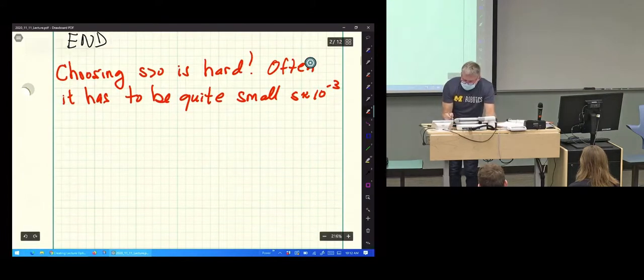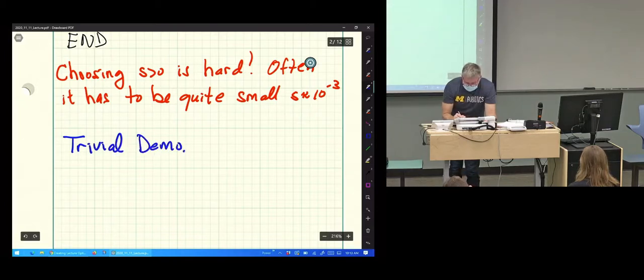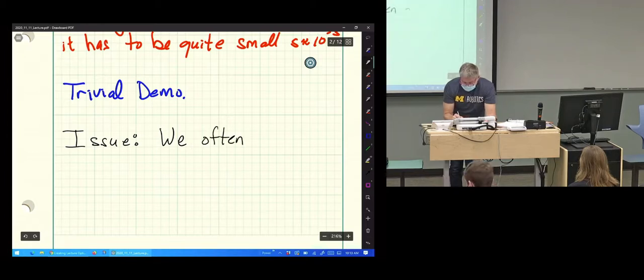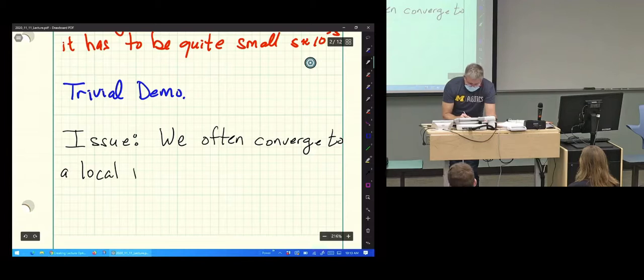So simple demo, trivial demo, I should say. Bruce will do a real one. Now, issue: we often converge to a local minimum.